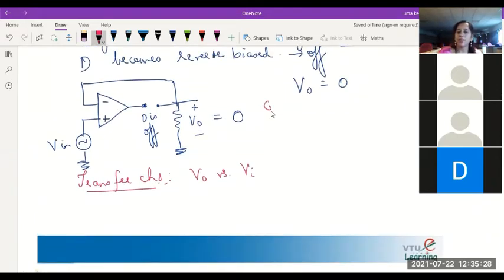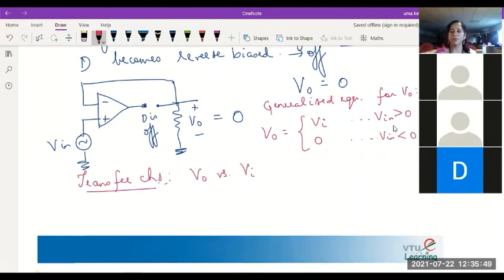Let me write the generalized equation for output. The generalized equation for V naught will be something like this. V naught will be equal to Vi for V in greater than 0, and it will be equal to 0 for V in less than 0, right?